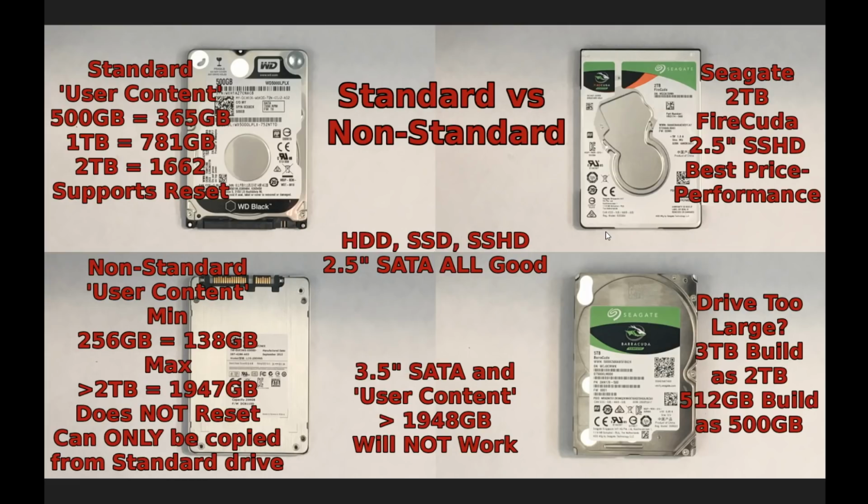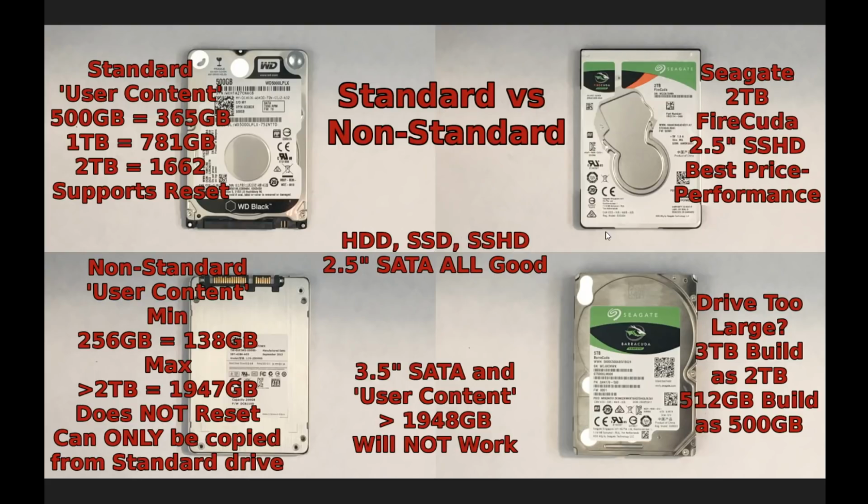Now, digging a little more into the standard versus non-standard drive types. In the upper left-hand corner, we define how much size you actually get out of a standard drive, and the size that you'll see on your Xbox One is defined by the user content partition.